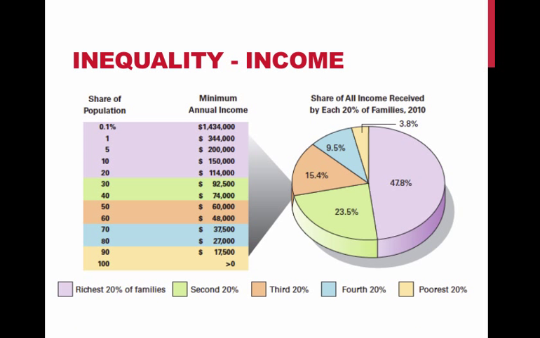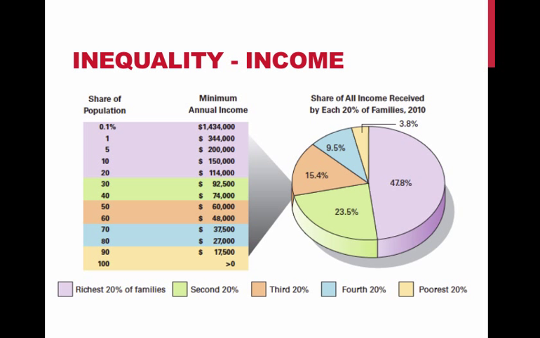We can look at this in a different way through maybe a chart that doesn't seem as daunting as that one. We can look at the annual income, and now this is just individual rather than family. The annual income of the top 0.1% is about $1.4 million, and the top 1% earns about $344,000.